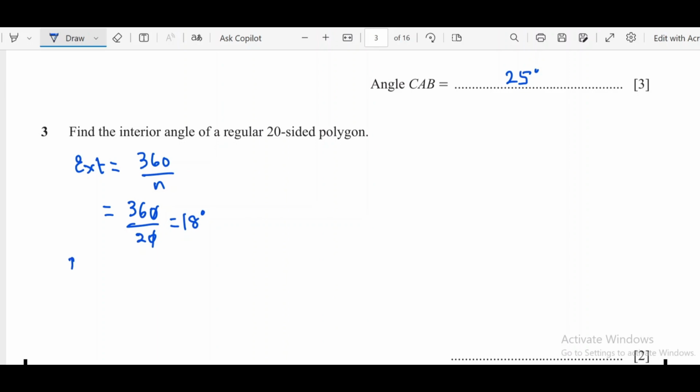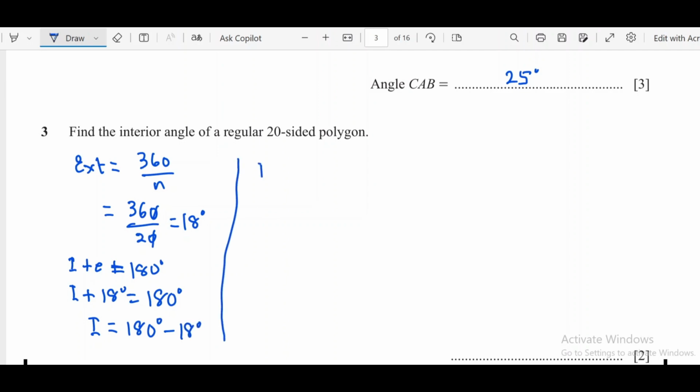Now we take the fact that one interior plus one exterior will add up to 180 degrees. So one interior plus the exterior, which is 18, will add up to 180 degrees. And so here the interior is going to be 180 degrees minus 18 degrees.